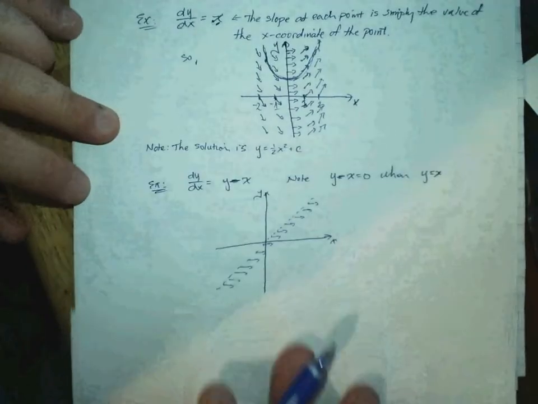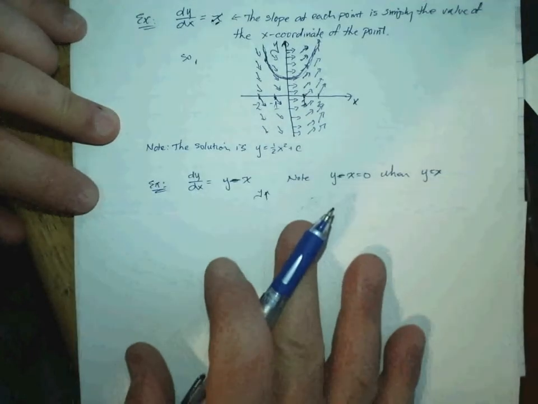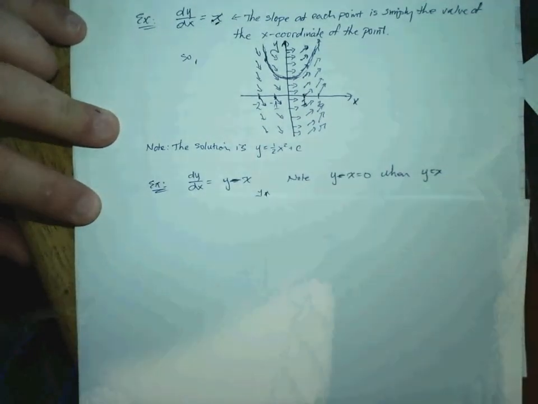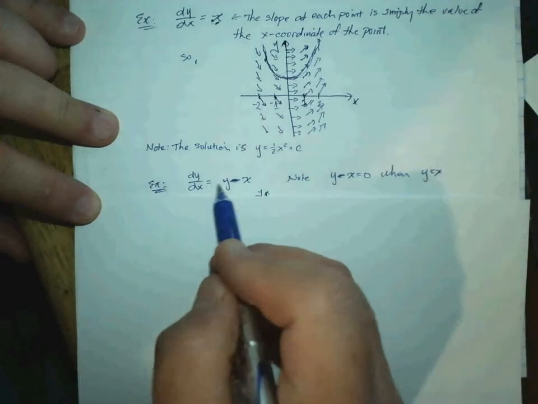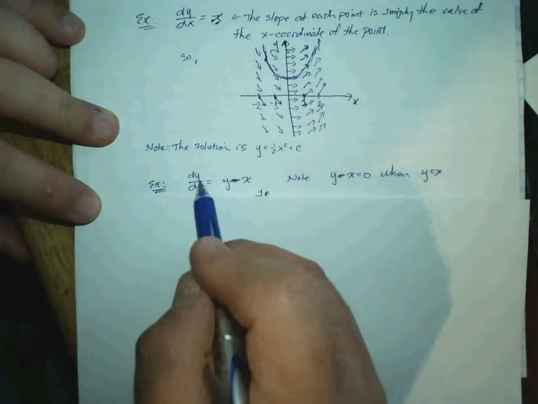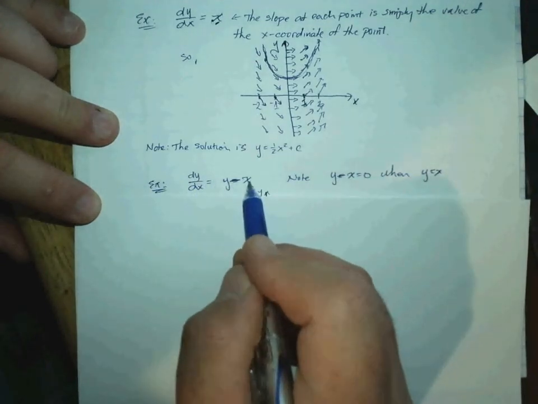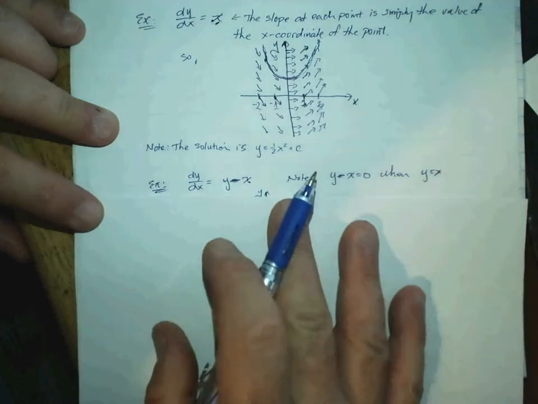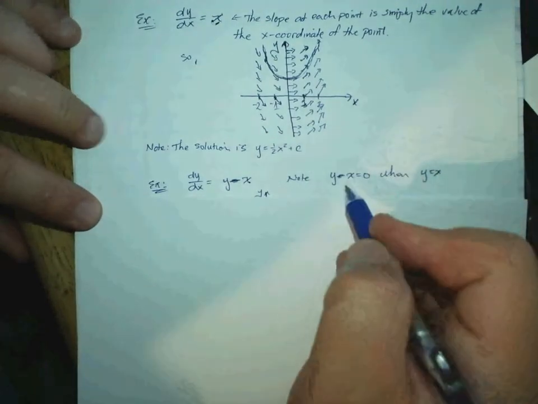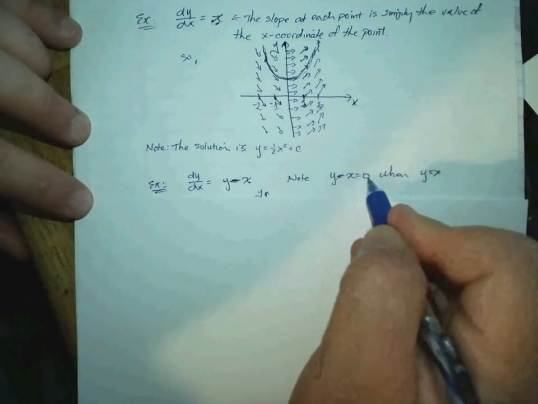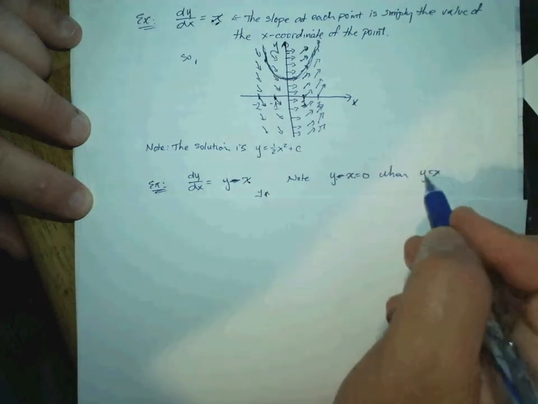We'll take a look at this differential equation now. dy/dx, the slope of y, is simply the y value of a point minus the x value of the point, which simply means that y minus x is 0 along the line y equals x.